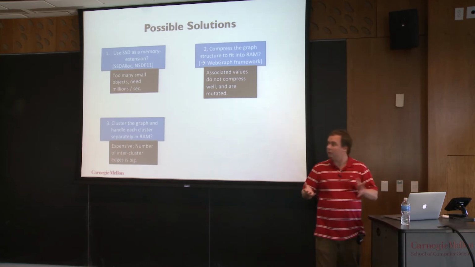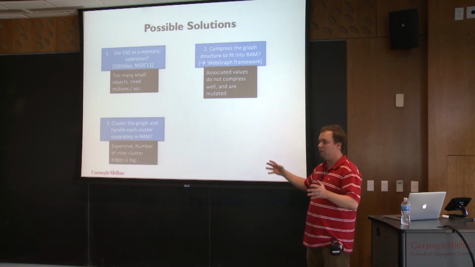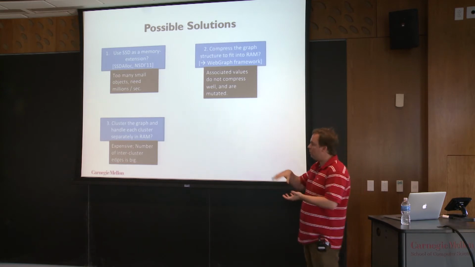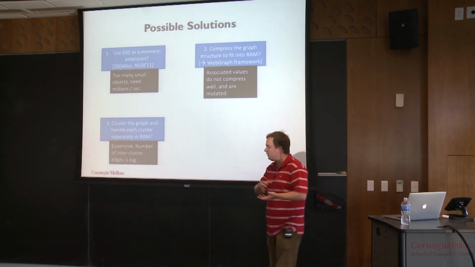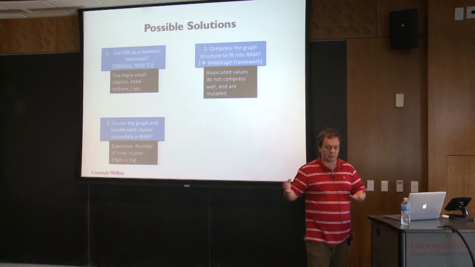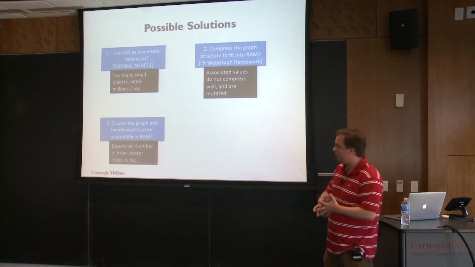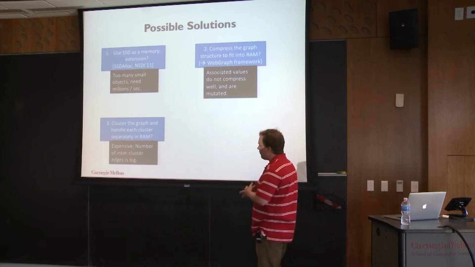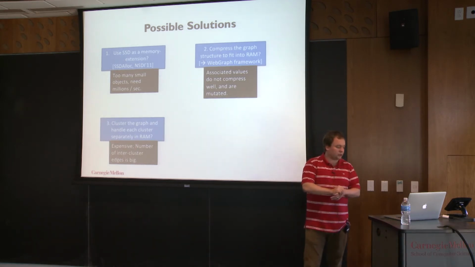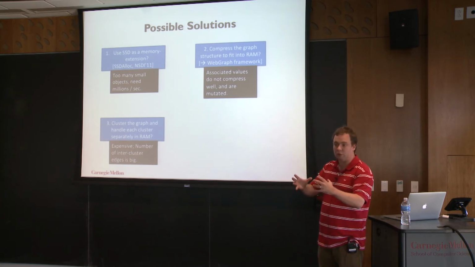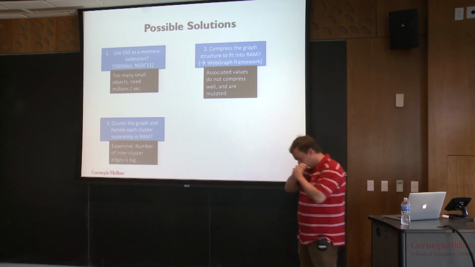Now, maybe we can cluster the graph. Like social graphs, they have a lot of local properties. People are connected to people in their home university and their country. Web pages link to each other in the same company, and so on. We would do this kind of partition, and then we would like to handle each of the graph clusters in memory at a time.